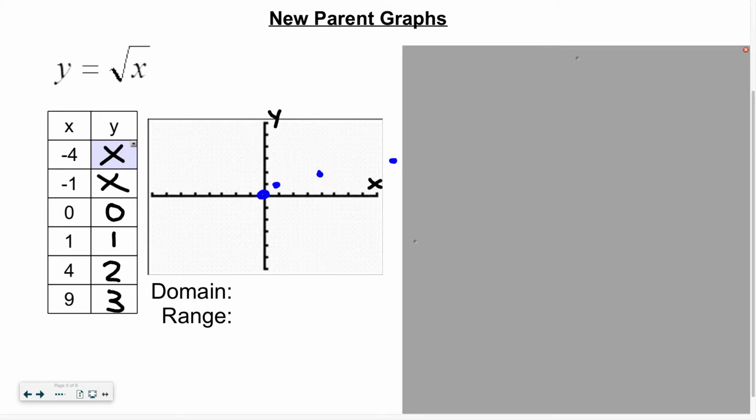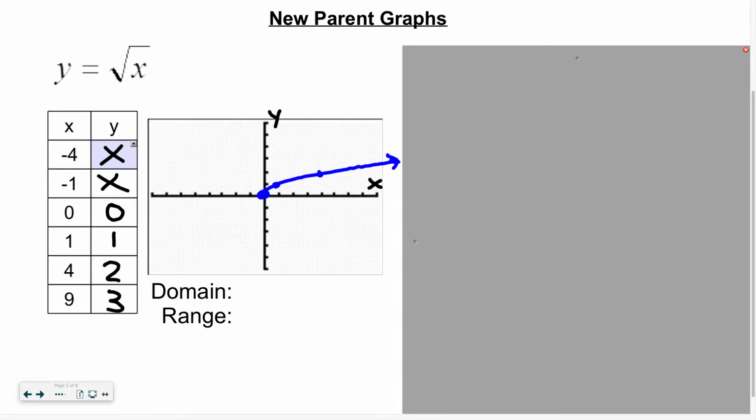Okay. This looks kind of like half of a parabola, sort of. Can you imagine that? Like if you were to turn around, it would look like that parabola, but it's on its side.